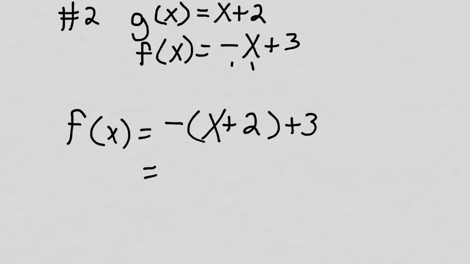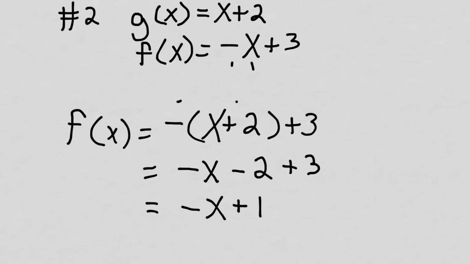I've got a negative x, so it's going to be minus x, minus a positive is going to be a negative 2 plus 3, equals negative x plus 1. So obviously that doesn't equal x, so the answer is no. These are not inverses.